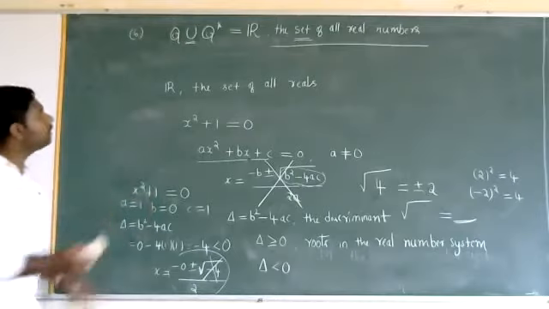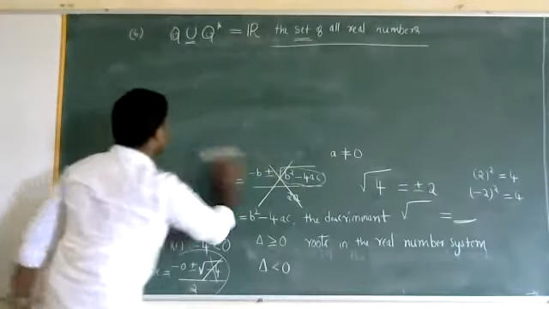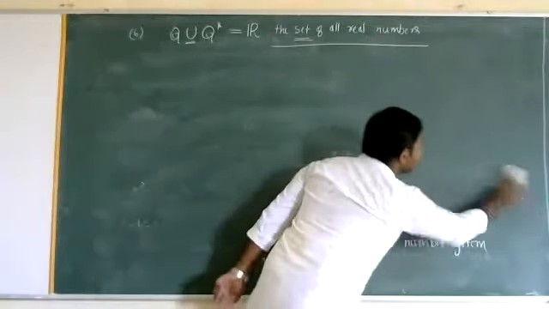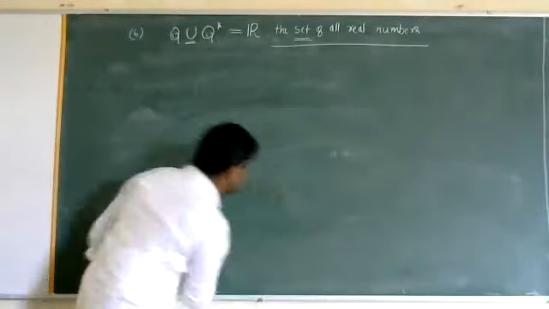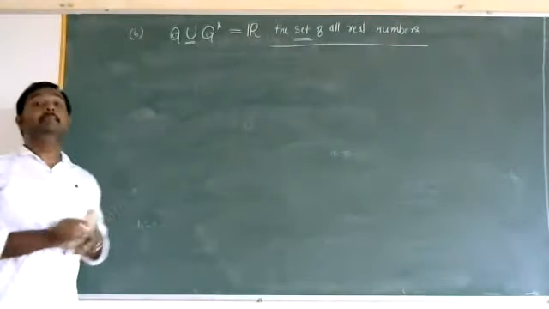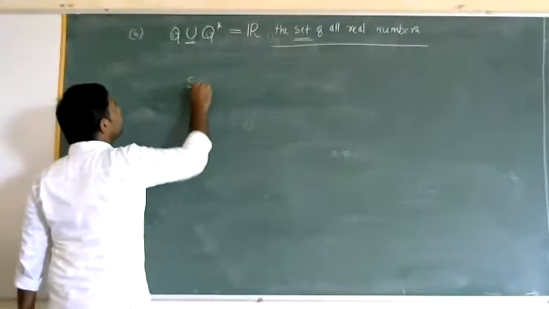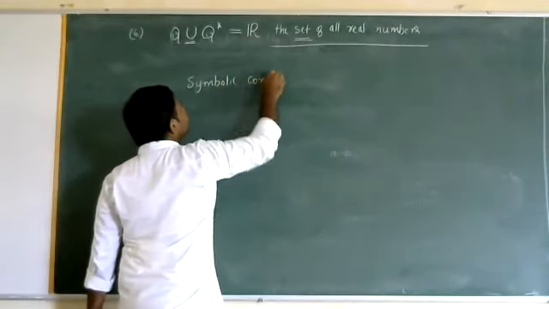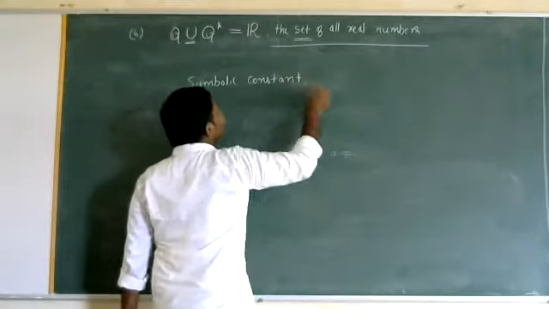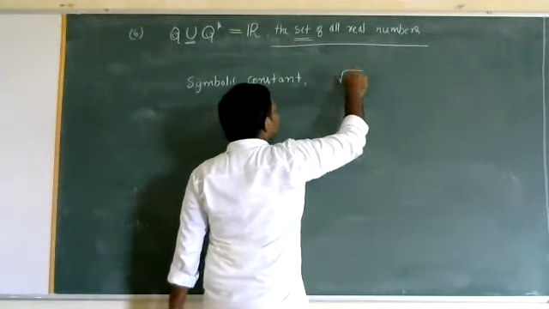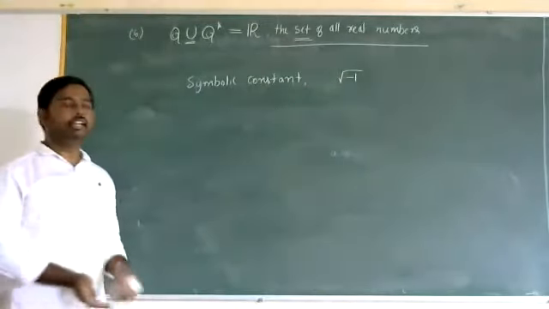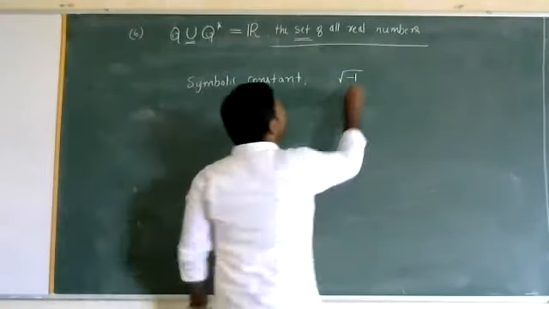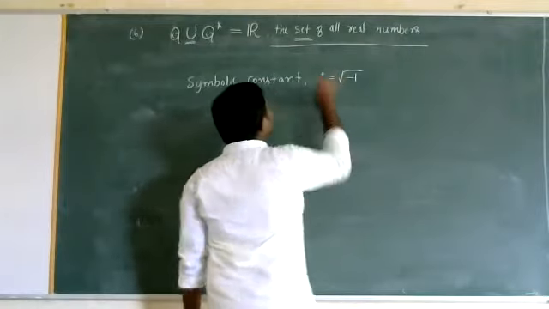So to overcome this problem, what we will do is, we introduce a symbolic constant, the square root of minus 1, the square root of minus unity, and we denote it by i.